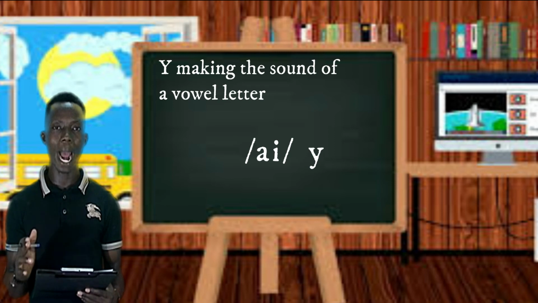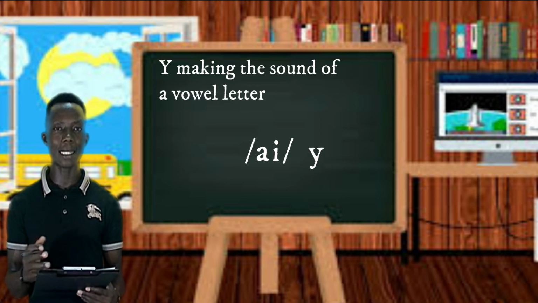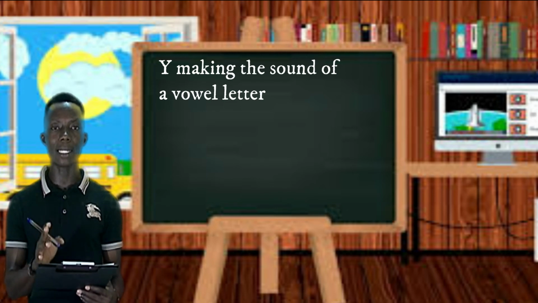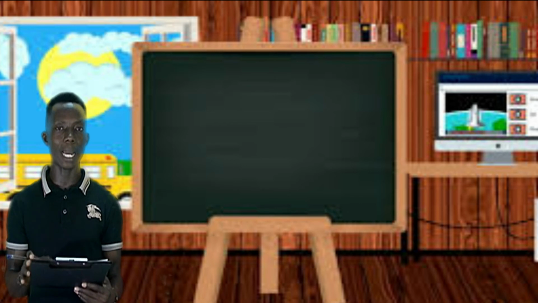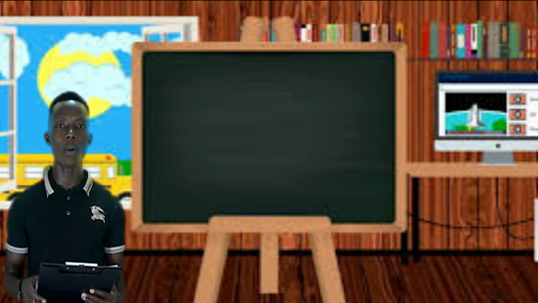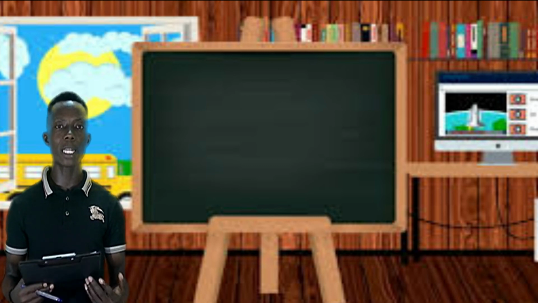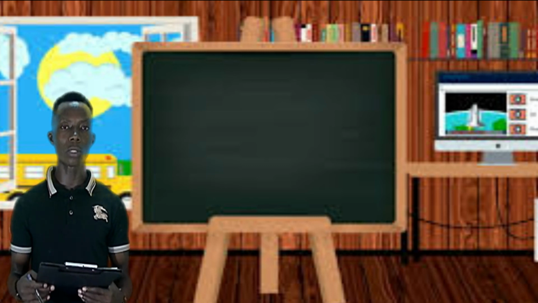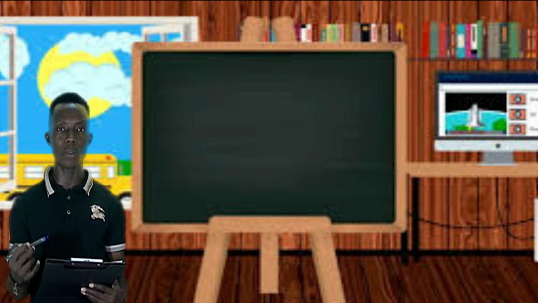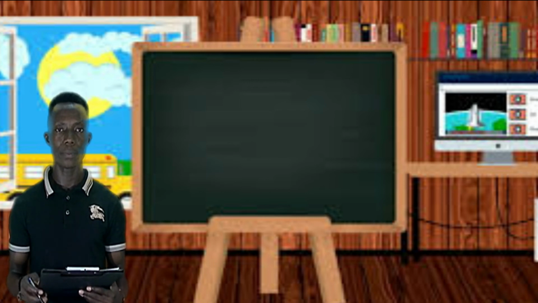And then you have Y. So you can see clearly that these two are making the same sound. So in some words where we cannot write the two vowel letters at the same time, we will represent the sound with the letter Y as the vowel letter. And this will make it possible for us to pronounce that word. And the examples are the words we've looked at earlier.